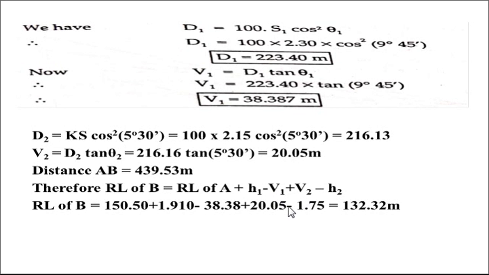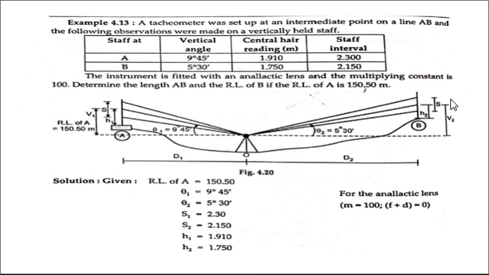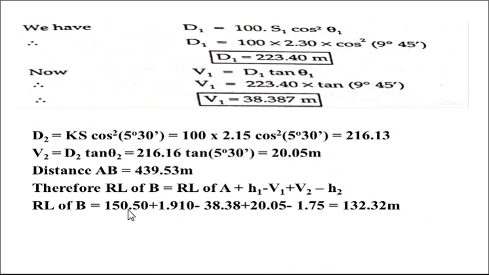From that, if we subtract V2, meaning this distance, we will get the RL of this central hair, and if from that we subtract this central hair reading, we will get the RL of B. Okay, so finally RL of A plus H1 minus V1 plus V2 minus H2, we will get RL of B is equal to 132.32.